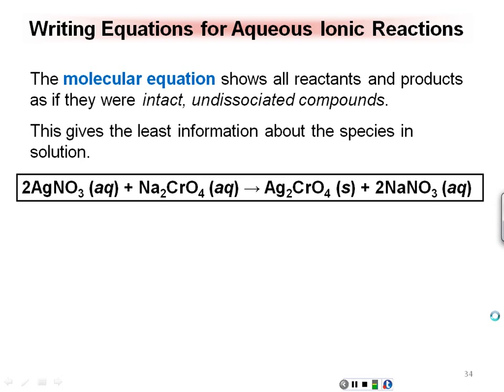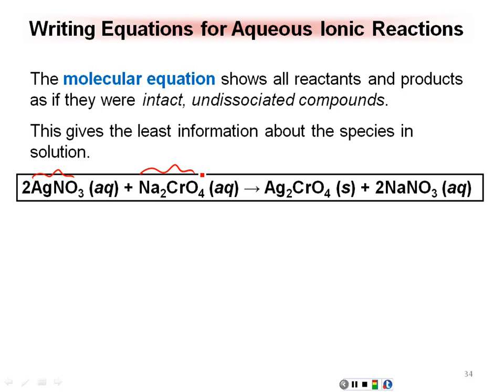If we look at the reaction of silver nitrate and sodium chromate to form silver chromate and sodium nitrate, this would be the molecular equation. We're showing the compounds as if they were still intact. But this isn't true. These are strong electrolytes.